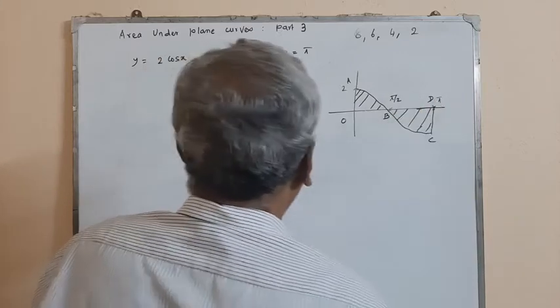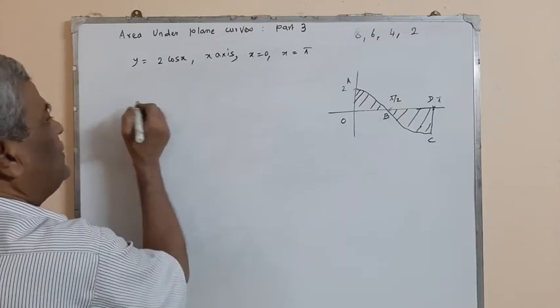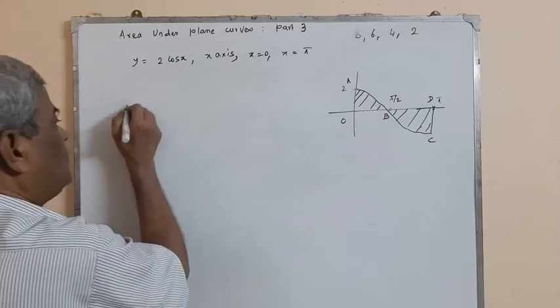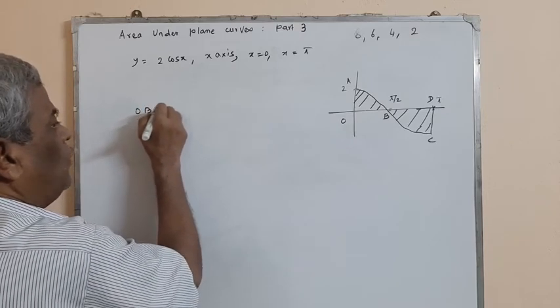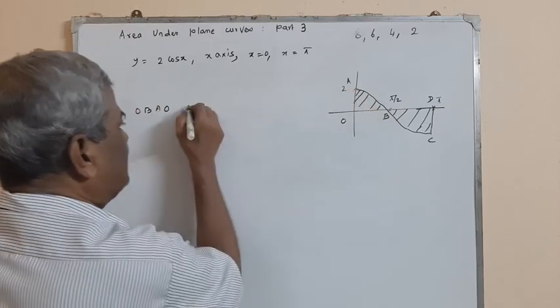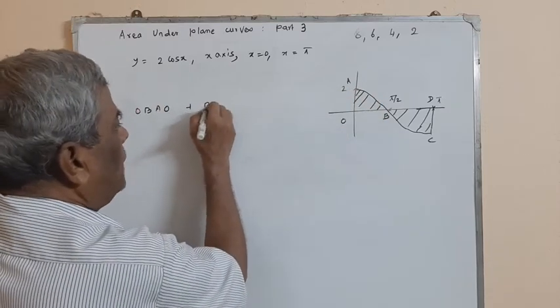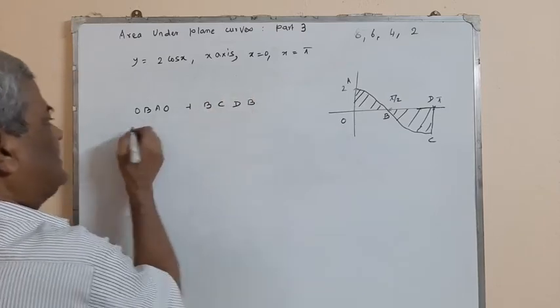Therefore the required area is, first thing, OBAO, which is above the x-axis, plus BCDB, which is below the x-axis.